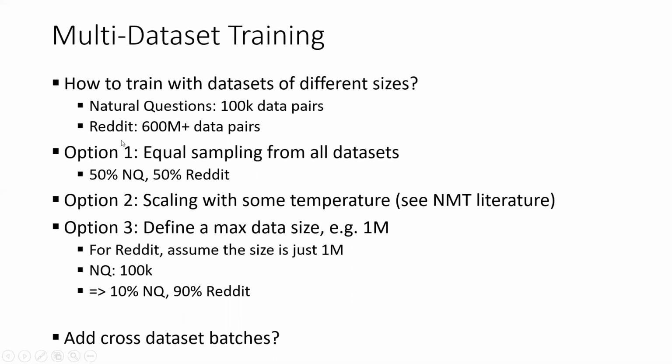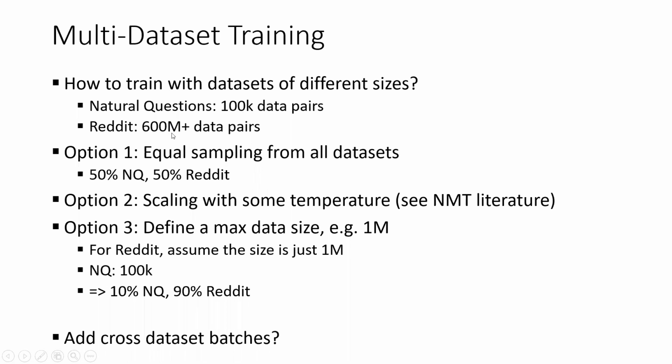Option one is to do equal sampling from all data sets. So train 50% with NQ and 50% with Reddit. You can also do some scaling with some temperature, so that you train with Natural Questions more than you would expect from just 100K data pairs, and fewer on Reddit.